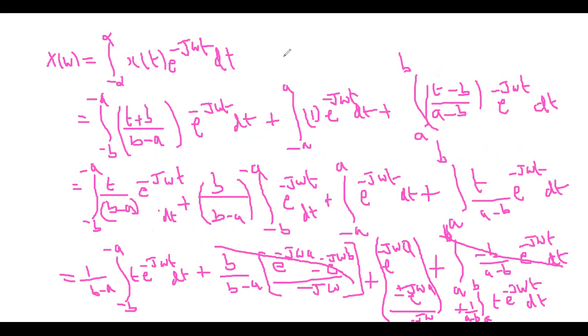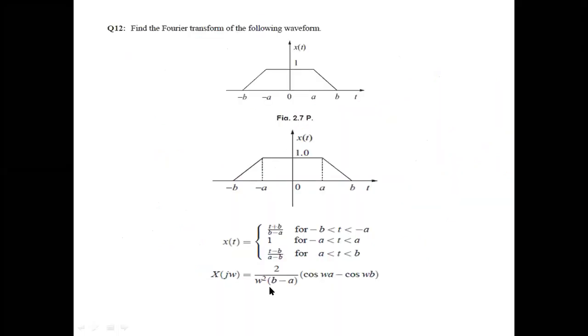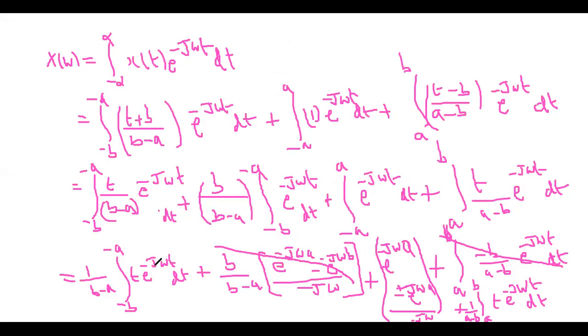Finally we get this equation: b minus a is a term, and in the denominator we have j omega into j omega, that is j omega whole square. j square is minus 1, and minus into minus is a plus, so it becomes omega square only.